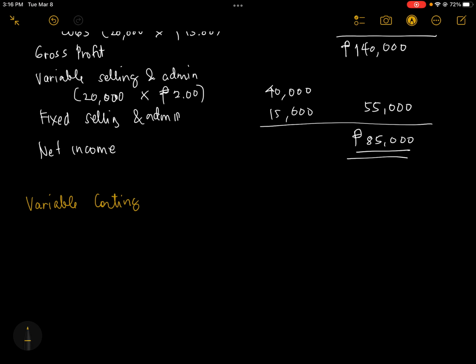Variable costing is basically used in management accounting. We start with our sales, just like in absorption. That's 20,000 multiplied by 20 pesos, which gives you 400,000.